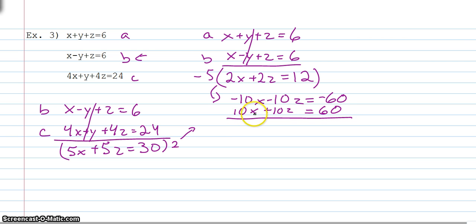So -10x plus 10x, 0. -10z plus 10z, 0. -60 plus 60 is also 0. So now we're to a point, well, we see 0 equals 0. We know that is true, so this is our identity. This doesn't mean that every number we plug in will work, but there are infinitely many solutions.